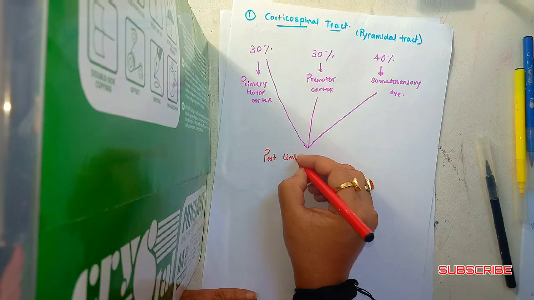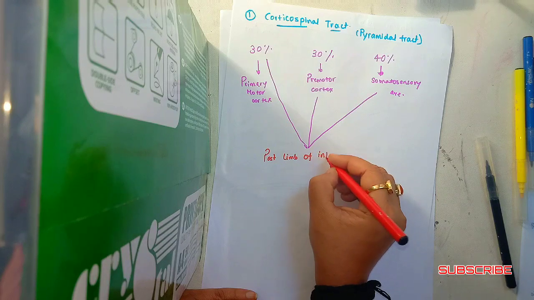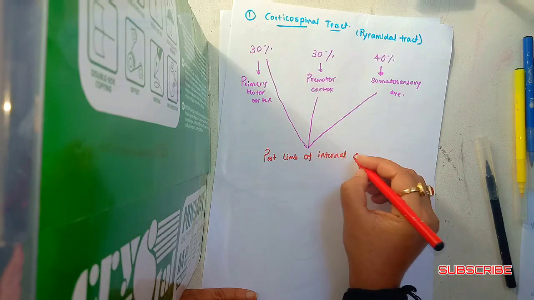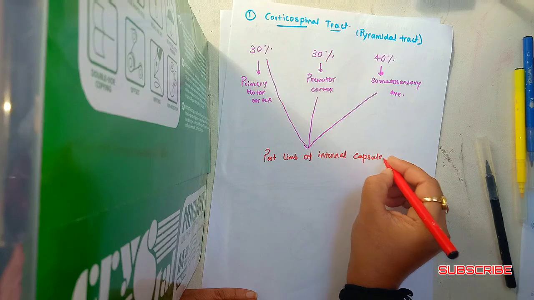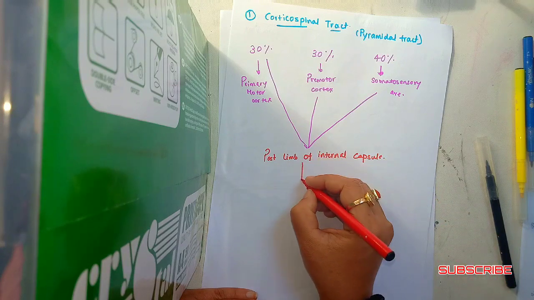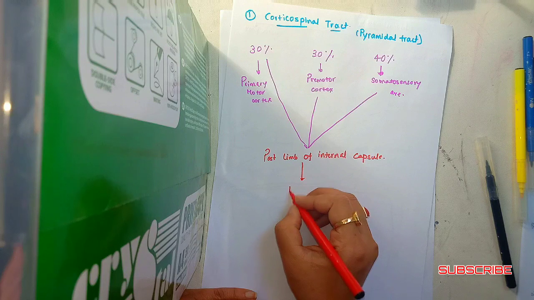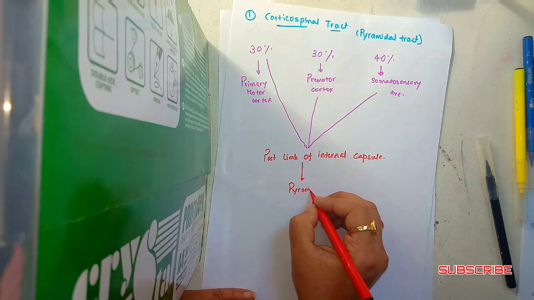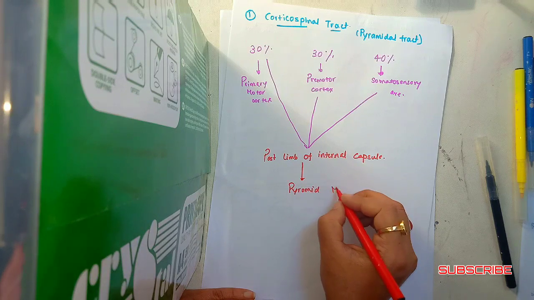Posterior limb of internal capsule. Then it goes to form the pyramid in the medulla.